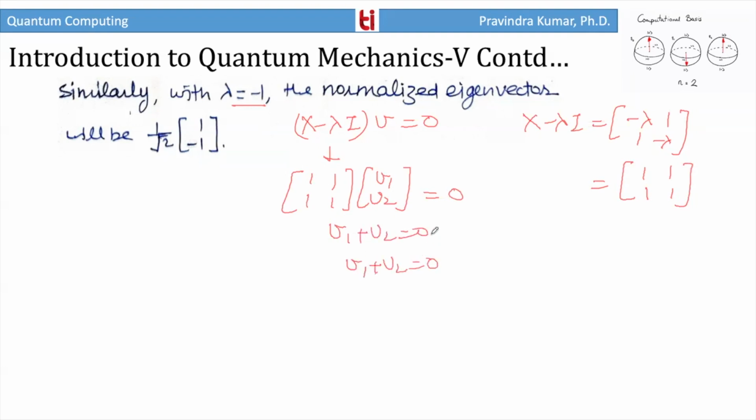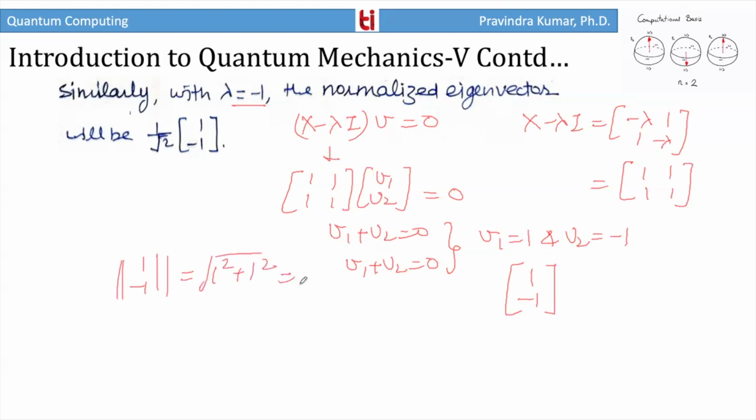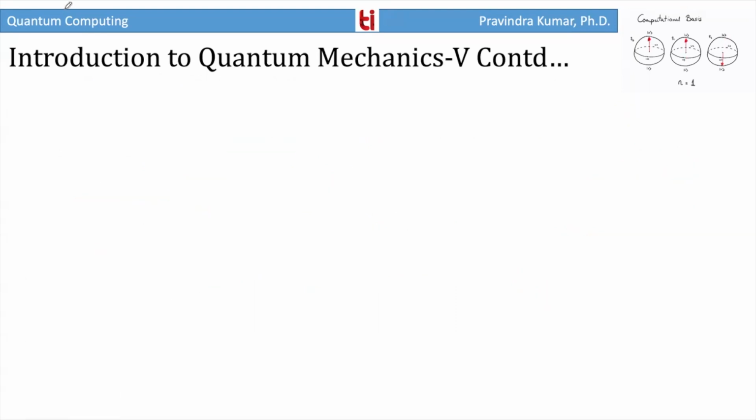So we get v1 equal to 1 and v2 equal to minus 1. So the eigenvector is 1, minus 1, and the norm is the square root of 1 square plus 1 square, which is root 2. So the normalized eigenvector is 1 by root 2, 1, minus 1, or I can write 1 by root 2 times ket 0 minus ket 1, or ket minus. So here we have seen the eigenvalues are lambda 1 equal to plus 1 and lambda 2 equal to minus 1.